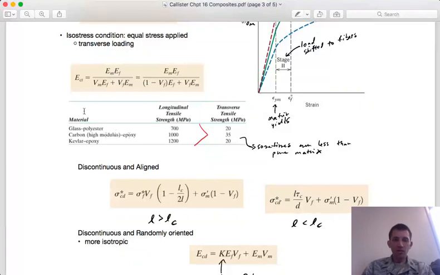For these three commonly encountered composites, you're talking about a factor of, let's see, 50 times stronger in the longitudinal direction than in the transverse direction. And so when you're building your part, the direction that you orient your fibers and the load path through that part is important to understand. You want to align your fibers in the direction that it needs to be strong.